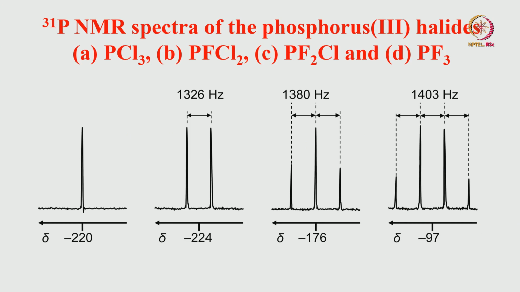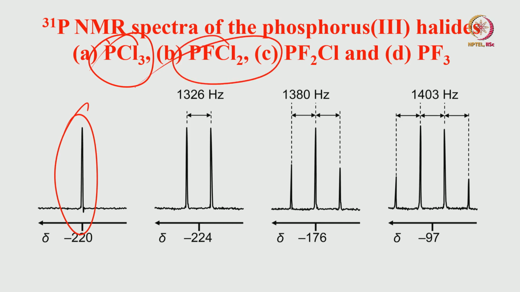Each of them is coupled to fluorine. First one is PCl3, no fluorine. Chlorine is a quadrupolar spin, generally it will not couple, you ignore it, the quadrupolar relaxation is enormously fast, so its coupling is not seen. PCl3 gives a single peak, fine. PFCl2 gives a doublet, 2 peaks.